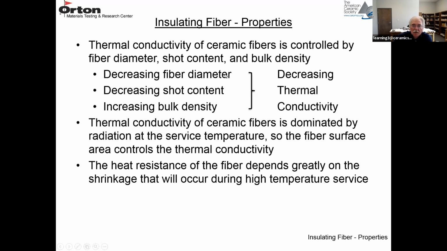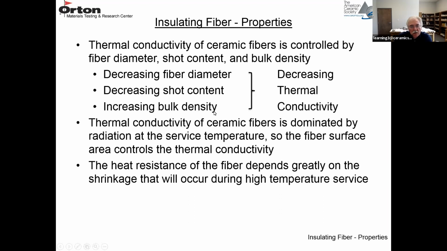You have less cross section, so you're simply decreasing the solid state thermal conductivity. If you decrease the shot content, you decrease the thermal conductivity. Obviously, the shot is not a fiber. It's going to be an area of high solid state thermal conductivity.